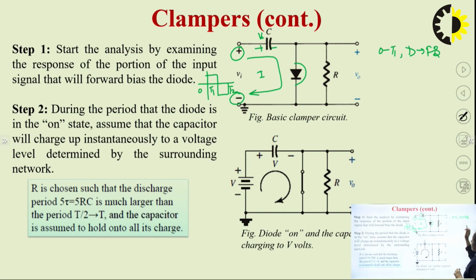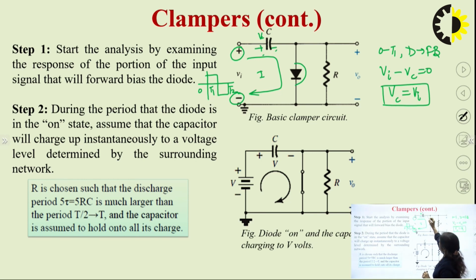So Vi minus Vc is equal to 0. So Vc is equal to how much? It is Vi. Because Vc is a positive value, we retain this sign across the capacitor.